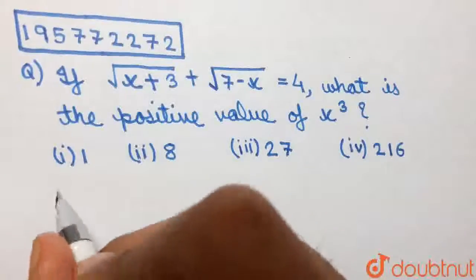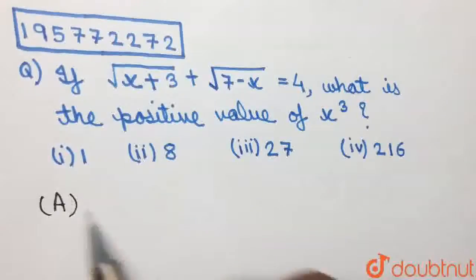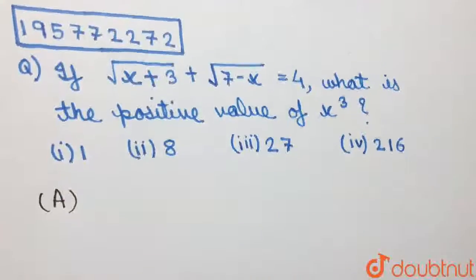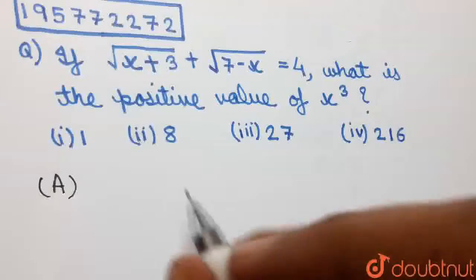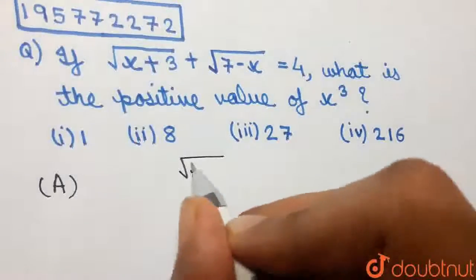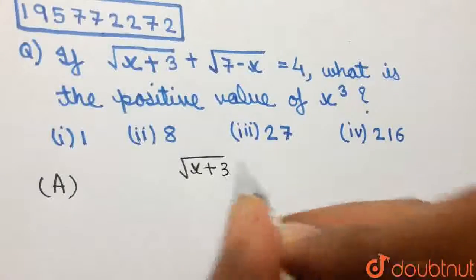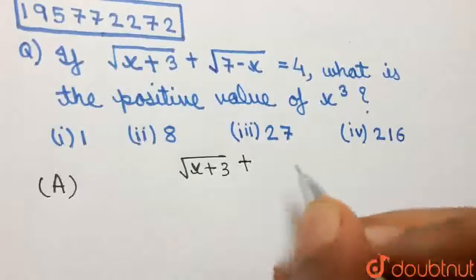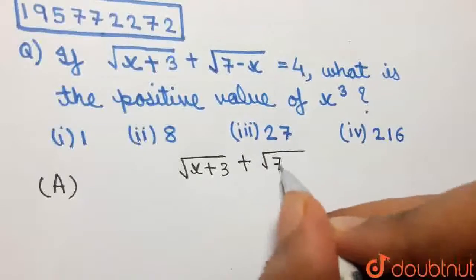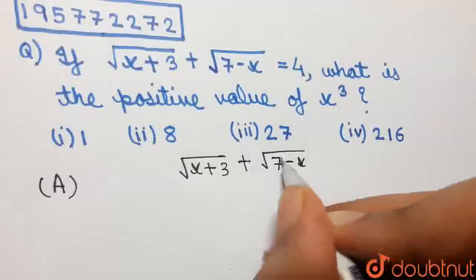So the equation that has been given to us in the question is this. Writing down this equation: root over x plus 3 plus root over 7 minus x is equal to 4.